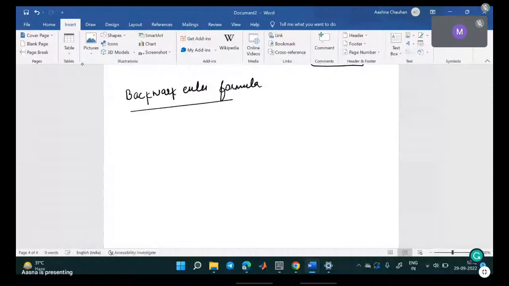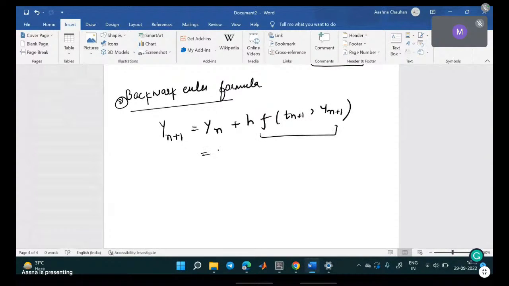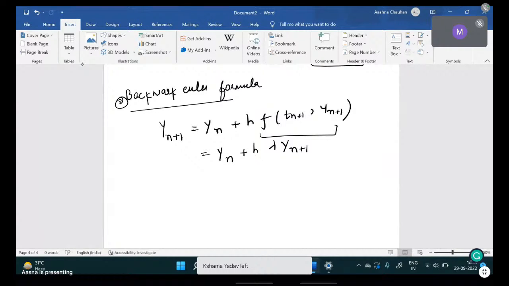Backward Euler formula is y of n plus 1 is equal to yn plus h times f of t n plus 1 comma y of n plus 1, right? And what is this? This will become y of n plus h times lambda times y of n plus 1, right?